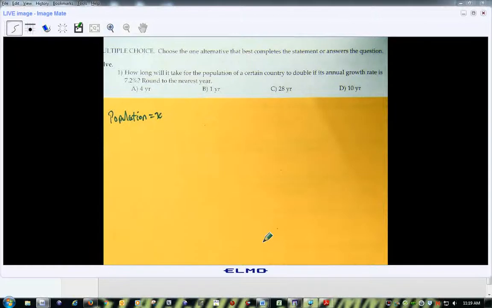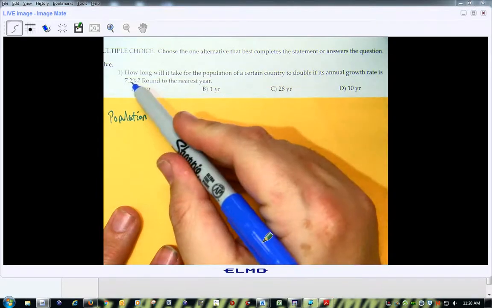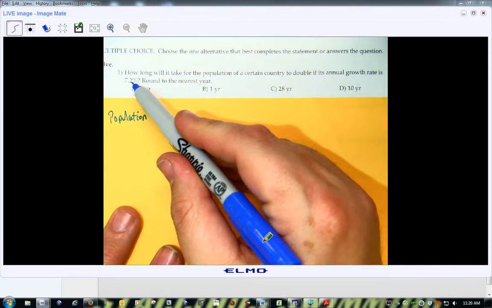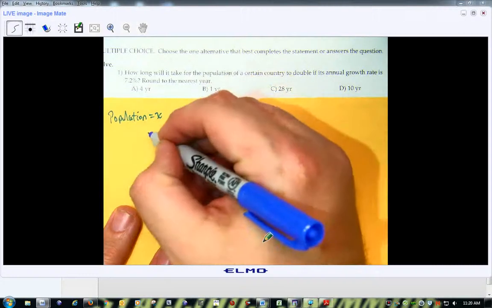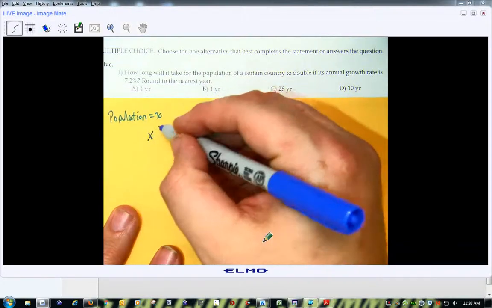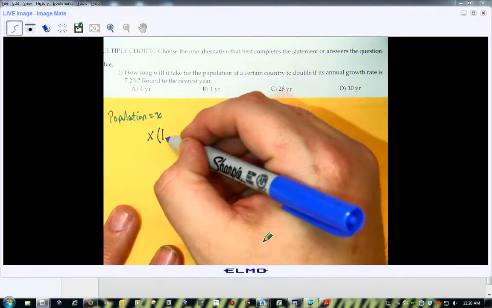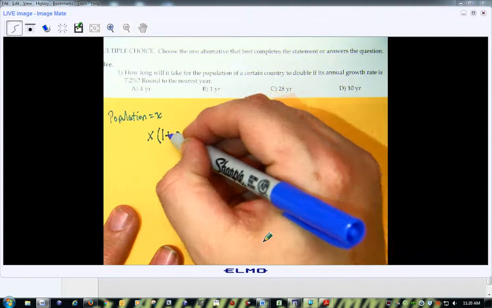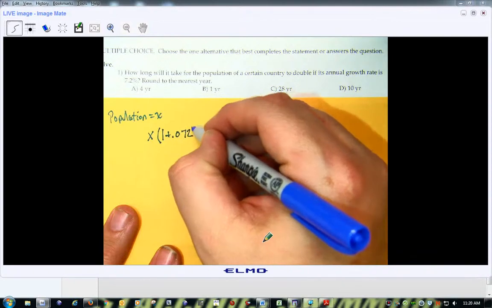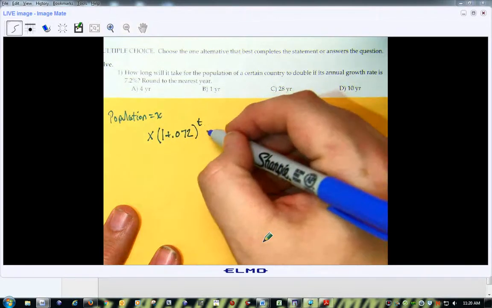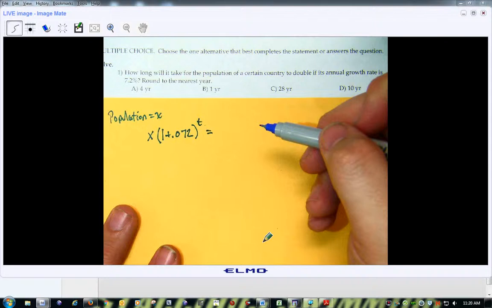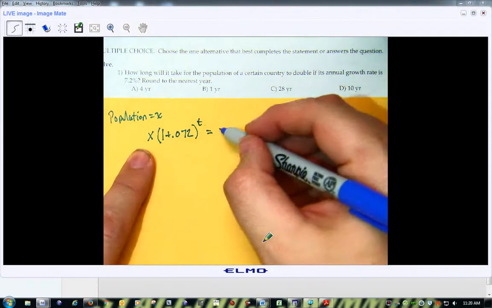Alright, now, it says, how long is it going to take for it to double when you have a growth rate of 1.2? So if you take x and say it's going to be 1 plus 0.072 to the t power, this is your original population.